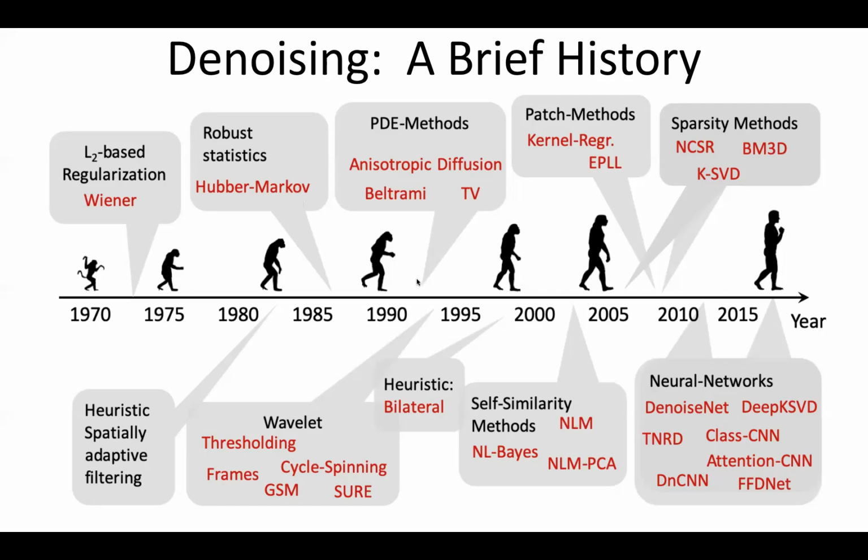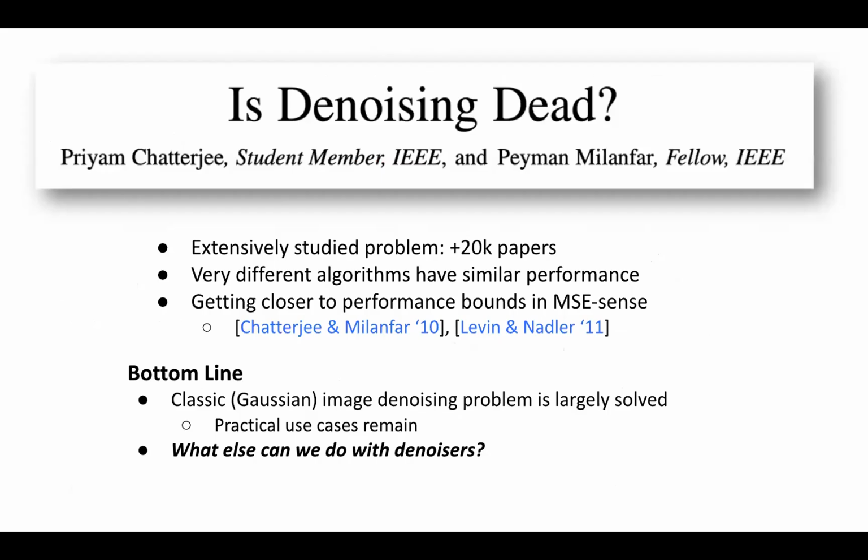Robust statistics were introduced in the 90s, PDE methods, diffusion, wavelet-based methods, and then the bilateral filter was introduced in the very late 1990s. Self-similarity methods like non-local means and its various cousins were introduced later. Point regression methods, sparsity methods, and now, of course, in the last 5 or 6 years, neural networks of all sorts have been introduced. So I'm going to give you a bit of a taxonomy of everything that's available and talk about these things in the context of many of the applications.